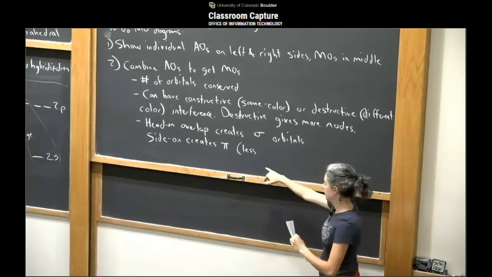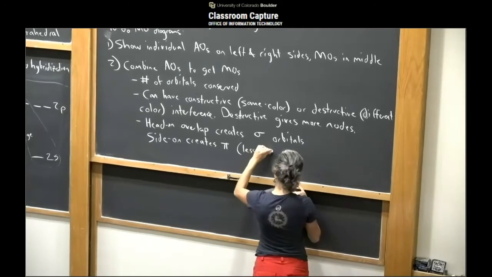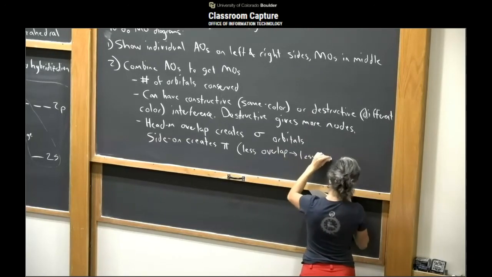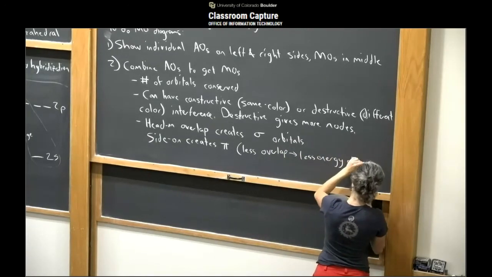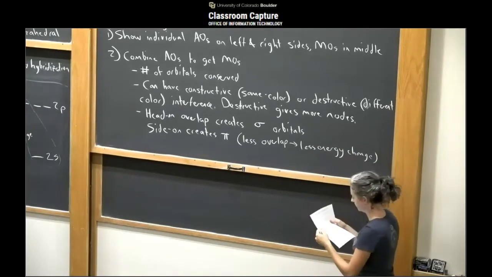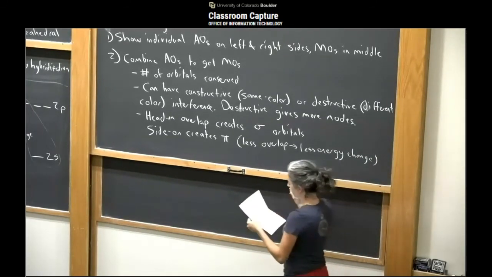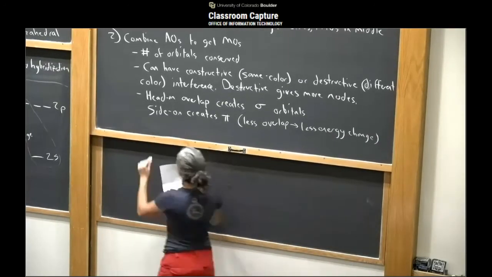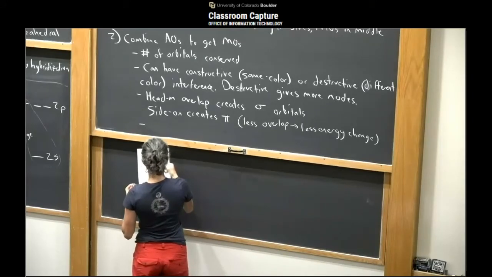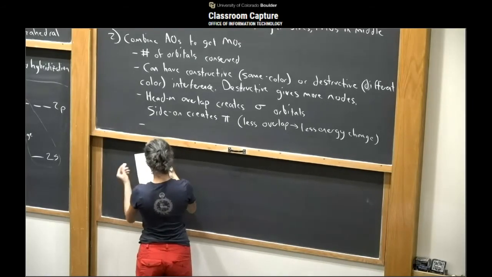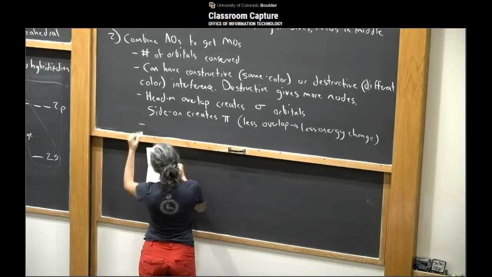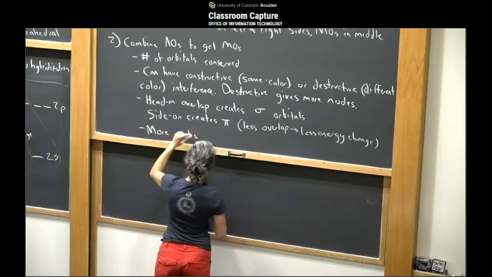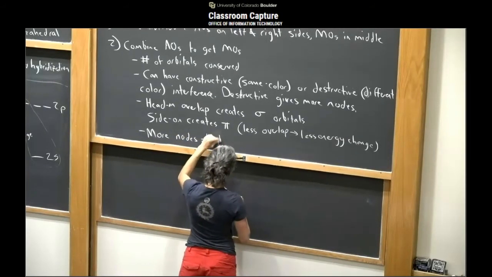This one is usually less overlap and less energy change. And as a general rule, more nodes is going to be higher energy.